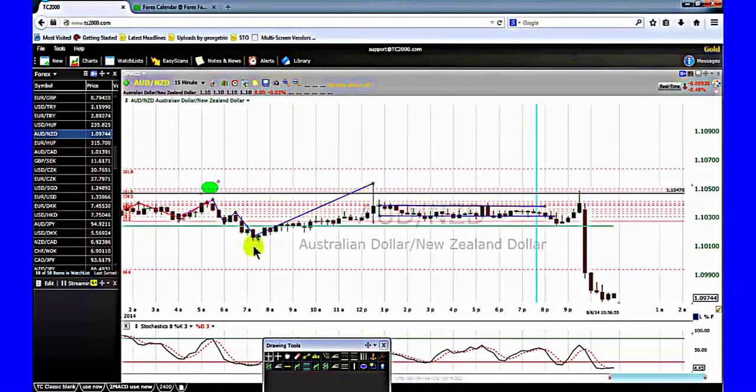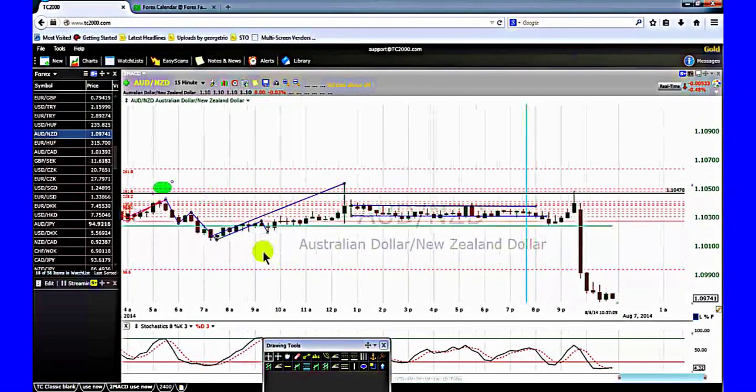There was a low here, so we can divide this one like this. The high is here, and then it went down. You agree? But it's a bit messy, as you can see, and it went horizontal a little bit and then went up all the way here.